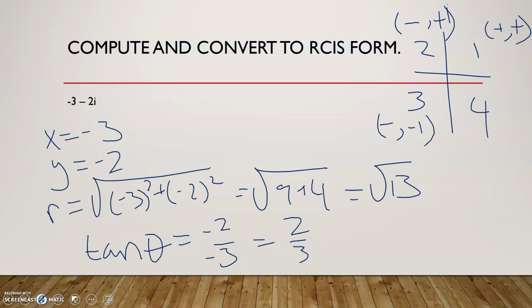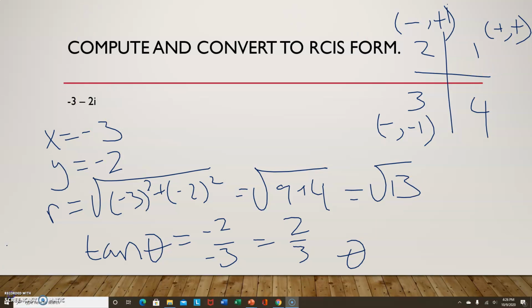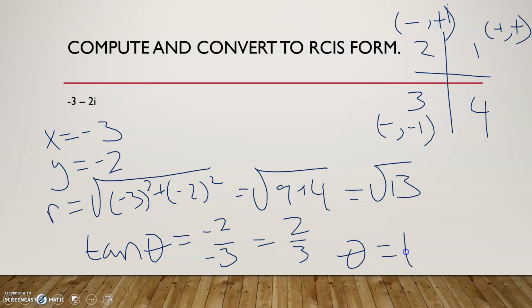So because it's in quadrant 3, when I do this function, so I get tan inverse. I'm sorry, I'm trying to go too fast. Please forgive me, guys. Let me erase this. Theta is equal to tangent inverse of 2/3. And so when I plug that in my calculator, I get 33.69, but 33.69 is in quadrant 1. Again, I need it in quadrant 3.